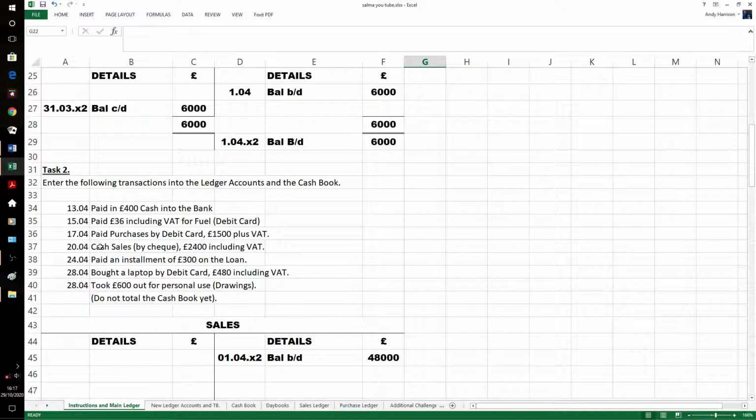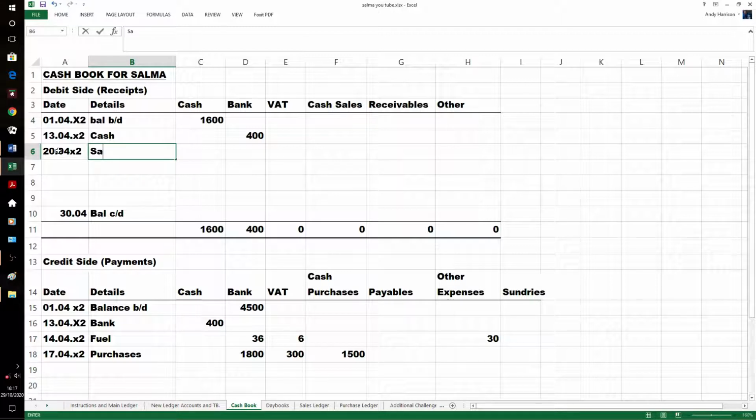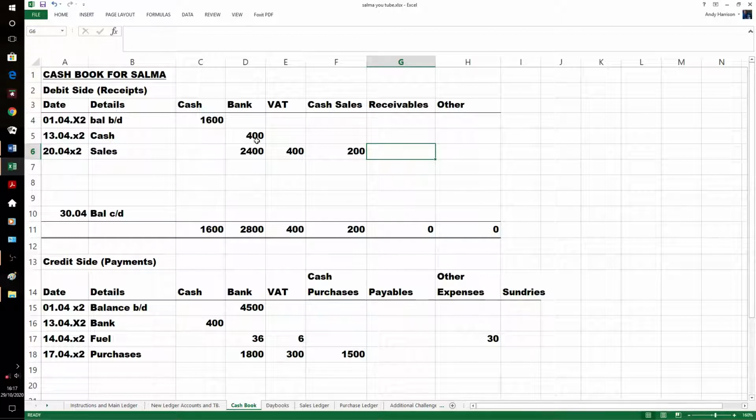So then on the 20th we've got some money coming in, 2,400 including VAT. That's 2,000 plus VAT. 2,000, not 200.